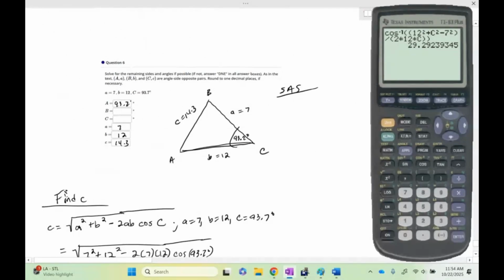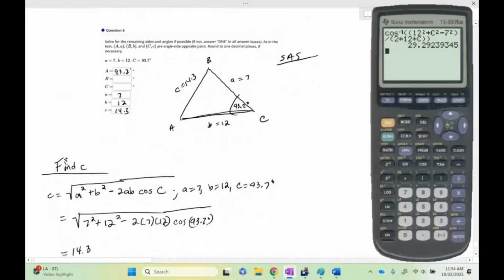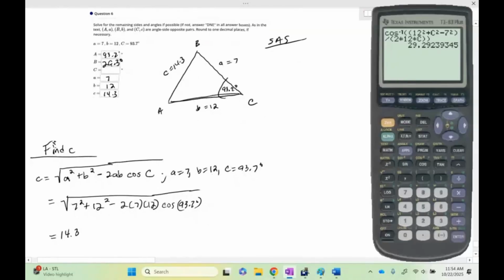So A is 29.3. I don't know what was going on when I put it in before, but I do have an even set of parentheses: 1, 2, 3, 4, 5, 6.